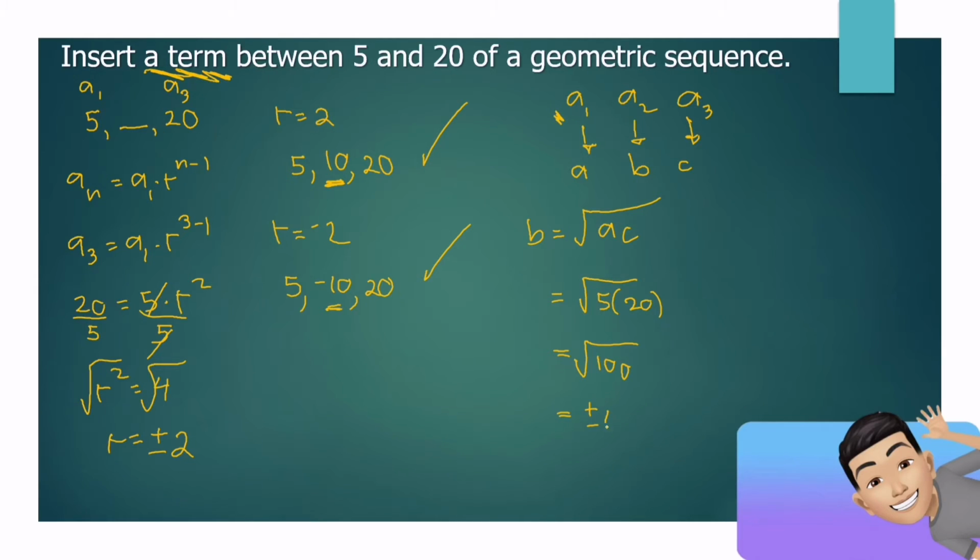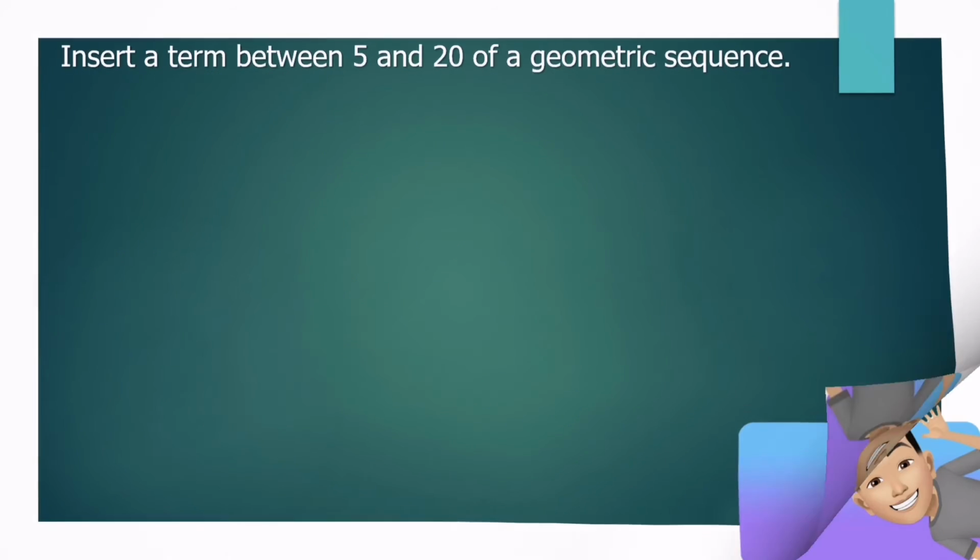Plus minus 10. So that is b, which is the same dun sa nakuha natin kanina. Shortcut lang yan. Pwede nyo yan gamitin sa mga susunod. Remember, magagamit lang yan kapag isang term lang ang i-insert mo. Okay? So, let's now proceed.